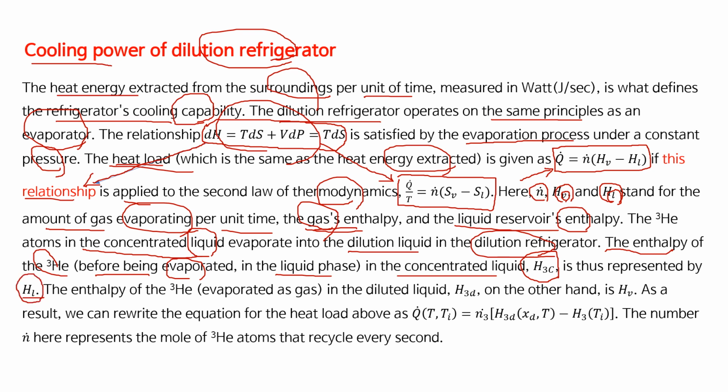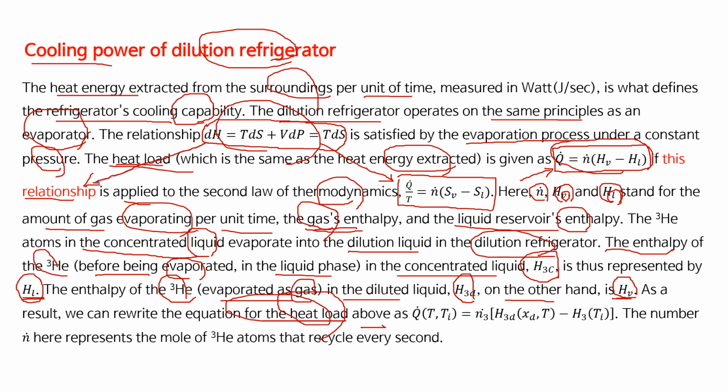The enthalpy of the helium-3 that is evaporated as gas in the diluted liquid, H3D, on the other hand, is HV, vapor. As a result, we can rewrite the equation for the heat load above.